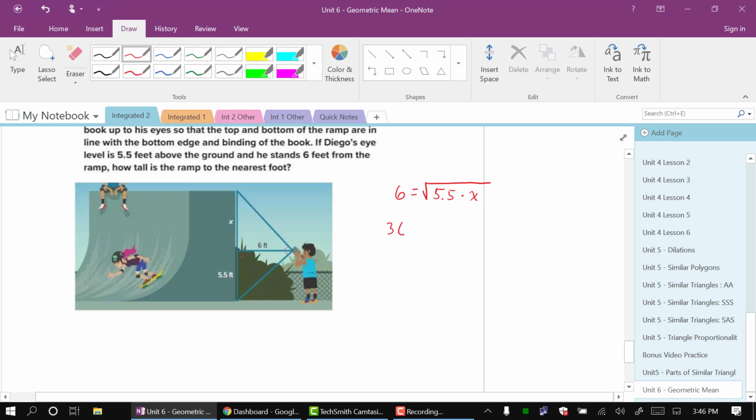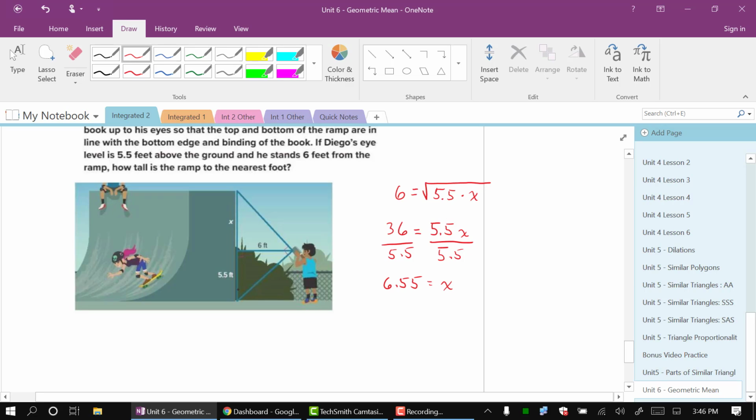That gives me 36 equals 5.5 times x. Now I'm going to divide both sides by 5.5. That gives me 6.55 equals x. So that means that that second part, the top part of it, is going to be 6.55. So this part right here is 6.55.